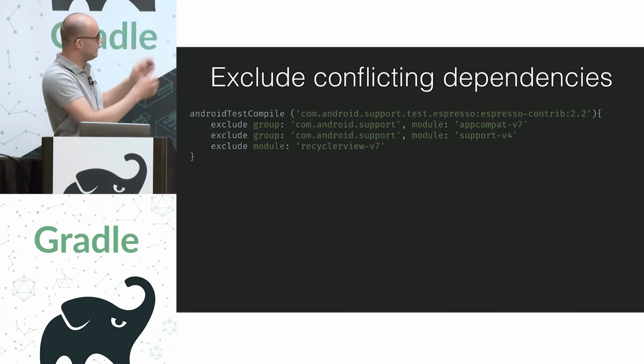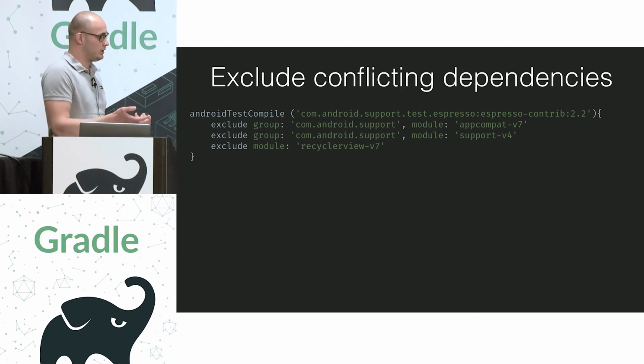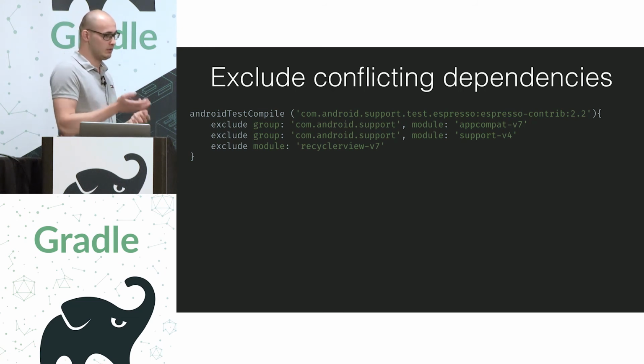So here we get this Android test compile configuration with the Espresso contrib dependency. And we can configure it, and this is the same block where we would have transitive true or false. And we have this exclude method, which allows us to exclude just some transitive dependencies from resolution here.